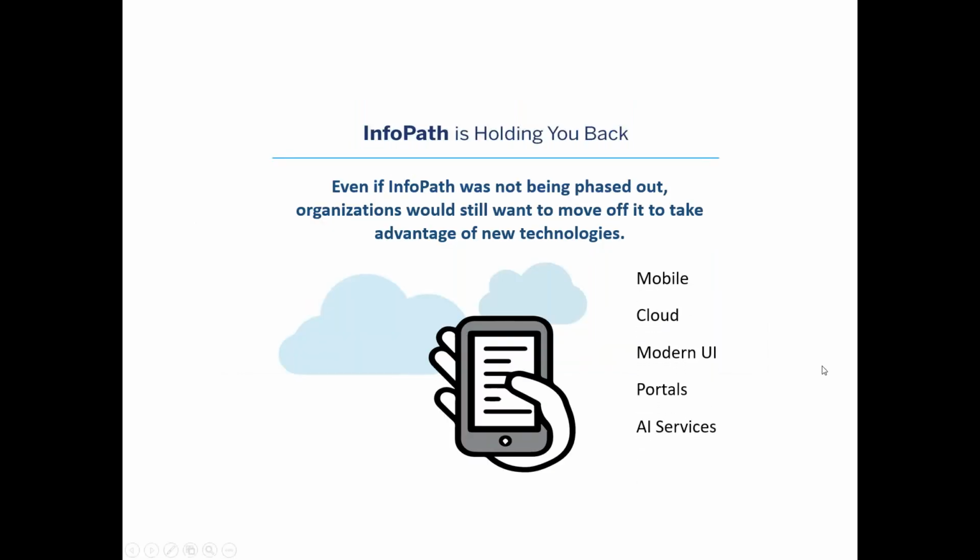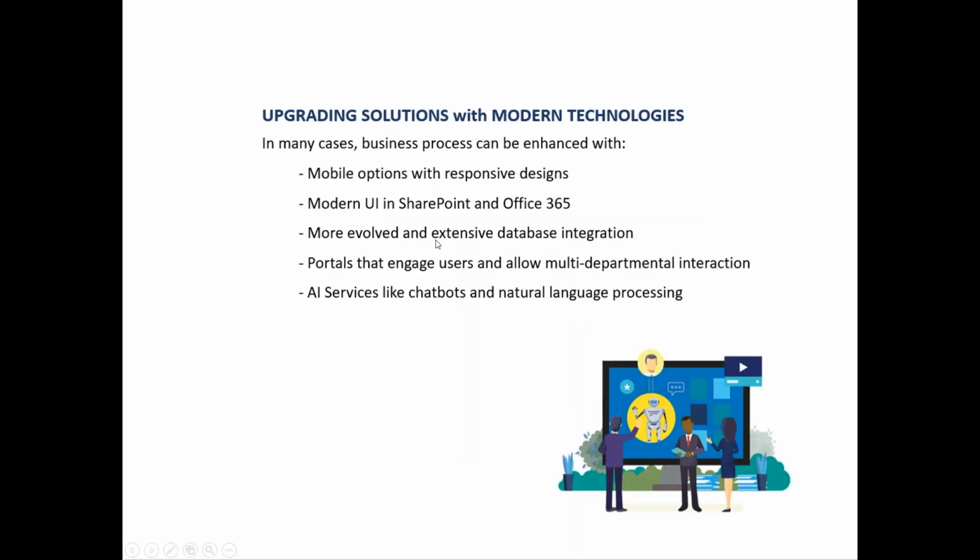I just want to make the point that even if InfoPath was not being phased out, you still want to move off it and get to more modern solutions that are really going to help your business run more efficiently. So that's the encouragement I have here. You can upgrade all your solutions, your forms and workflows, with modern technology: mobile, modern UI, more evolved database integration, portals.